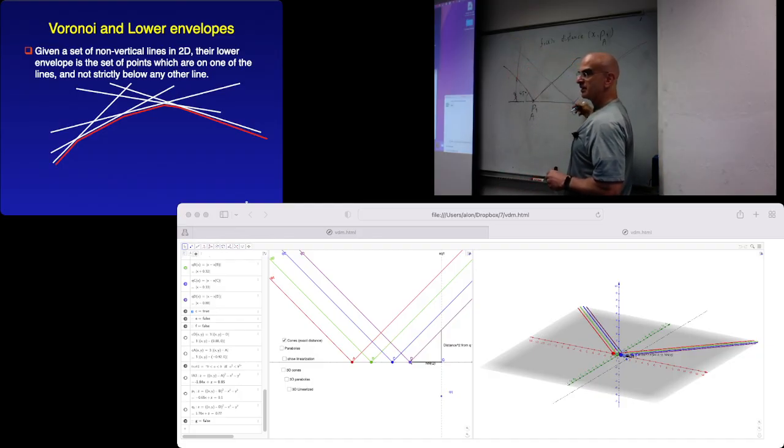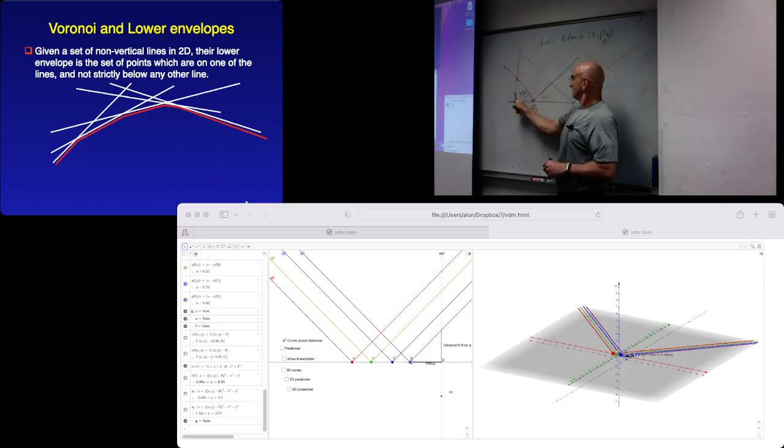If there are more points, this line might meet them. But what I'm asking is, who is the first function that I meet, going from infinity upward? Which is the lowermost function where I'm standing? And of course, the lowermost might change.